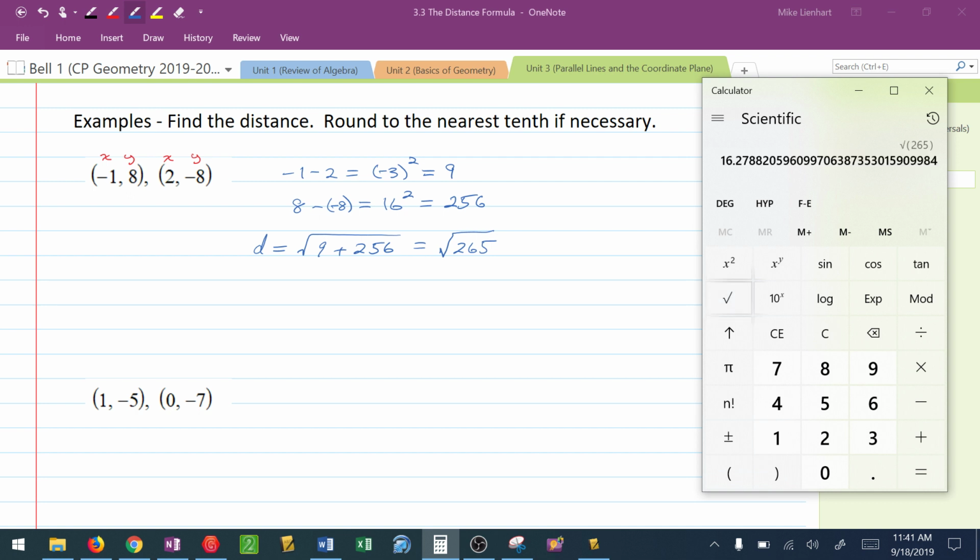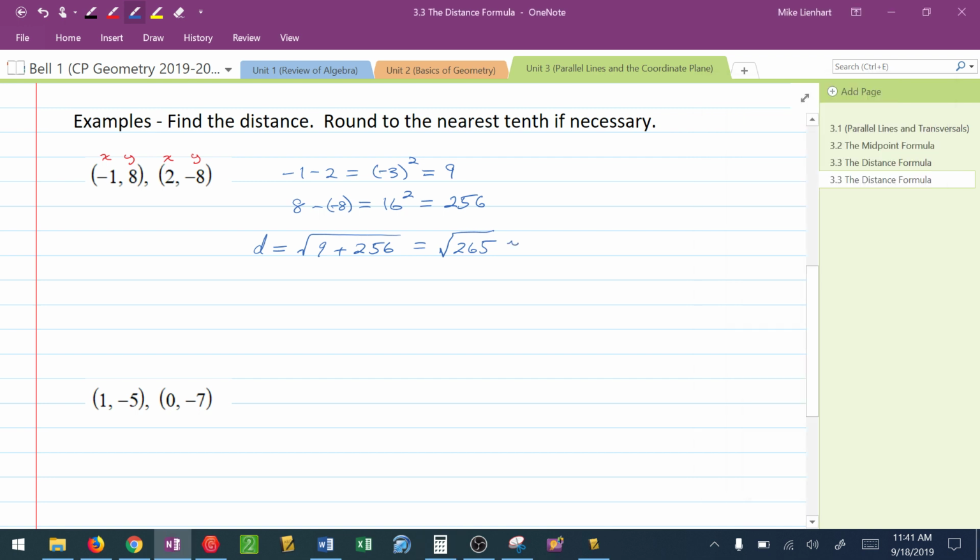I'm going to round this to the nearest tenth. In this case, it would be 16.3. So that means this is approximately equal to 16.3, and that's how you find distance. It's literally this simple if you can follow the steps.